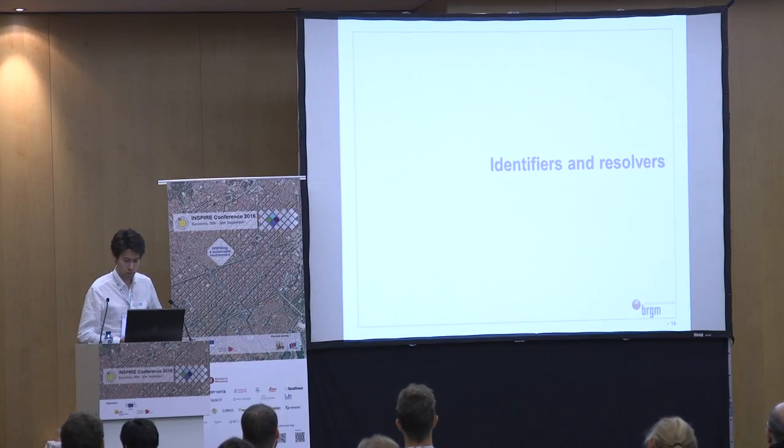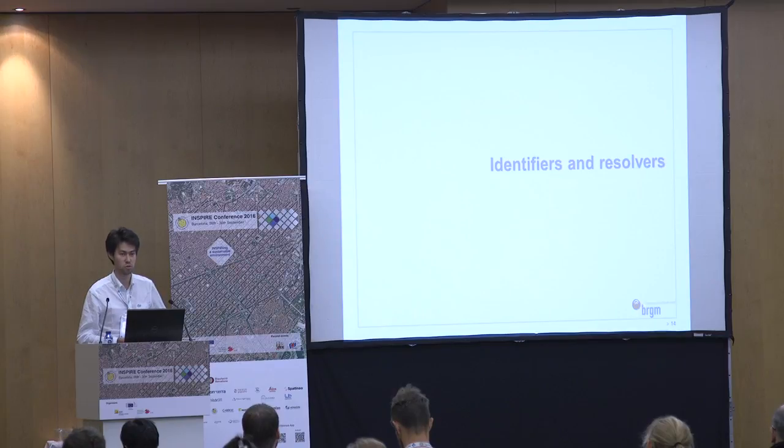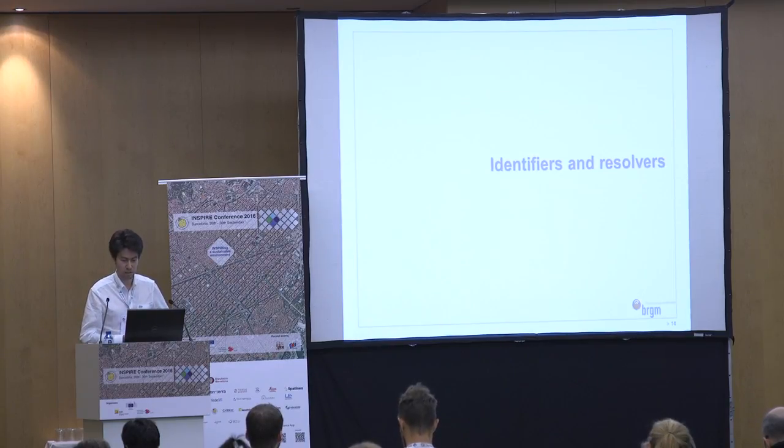The third point is about identifiers and resolvers. As we have spoken about, we have been able to provide data services, and we must not forget the people that will use the data.